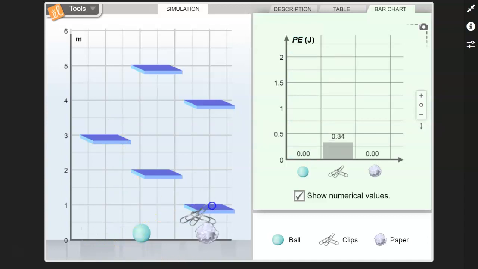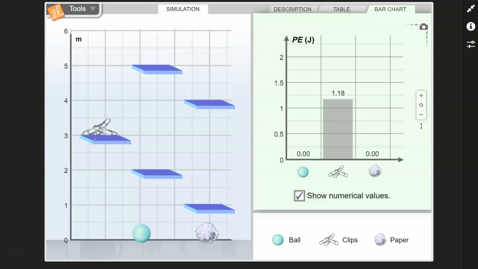The paper clips on the first shelf, again, were 0.39 joules. On the second shelf, they were 0.78 joules. And on the third shelf, they were 1.18 joules.